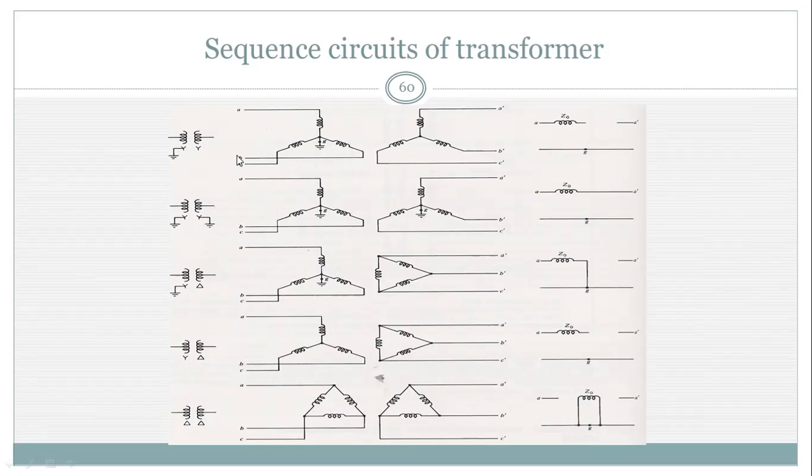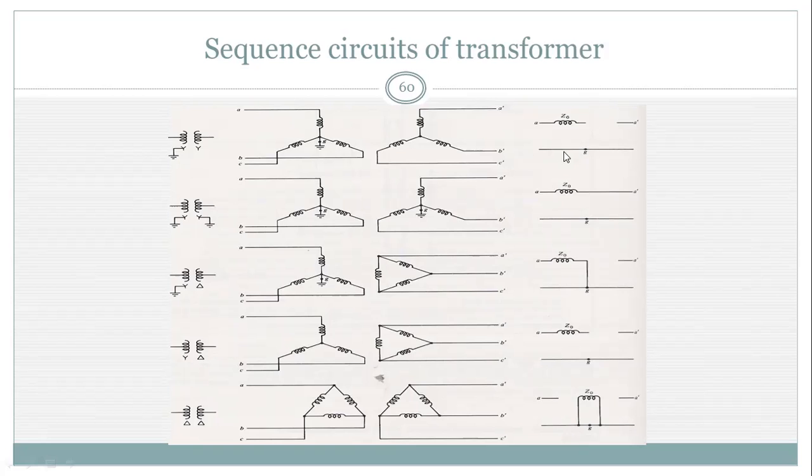If the secondary portion is not grounded, then the zero sequence current will not flow from primary to secondary. That's why for the primary portion where the neutral is grounded, here we represent the zero sequence impedance Z0, but between primary and secondary it is open circuit, because no zero sequence current passes from primary to secondary as the secondary is not grounded.